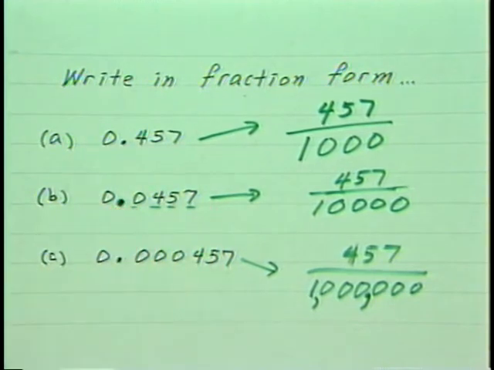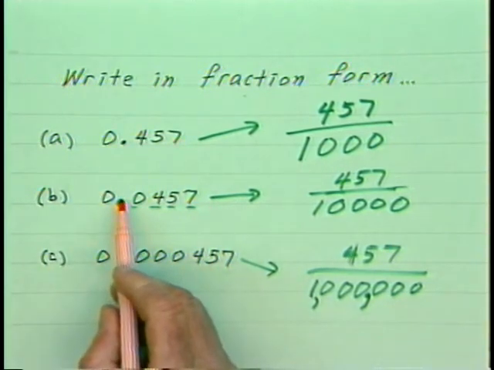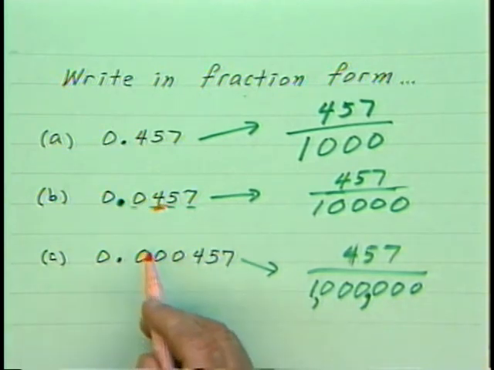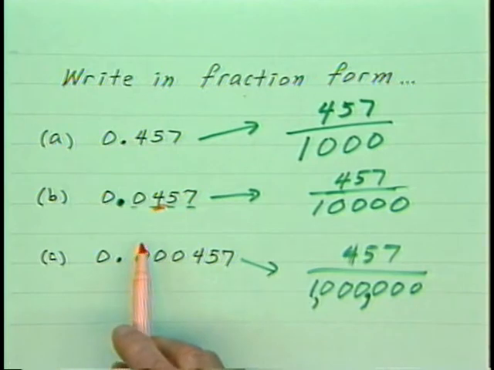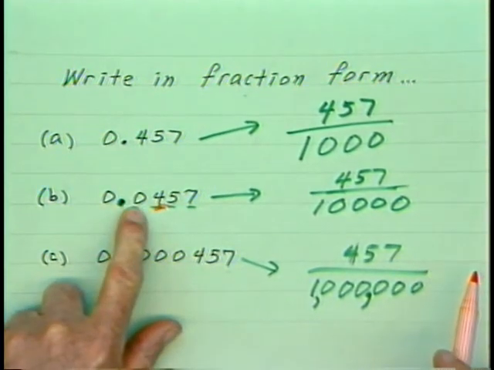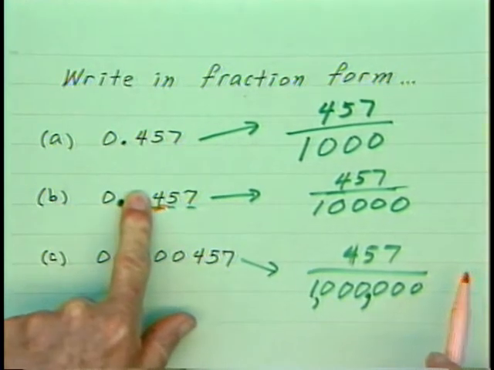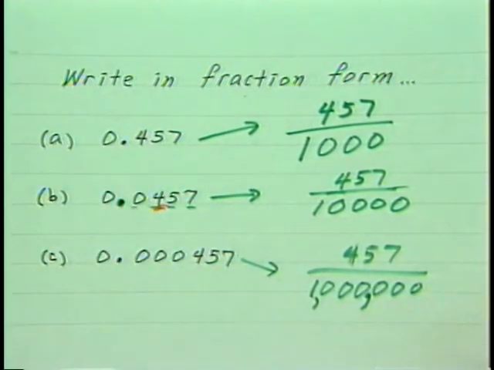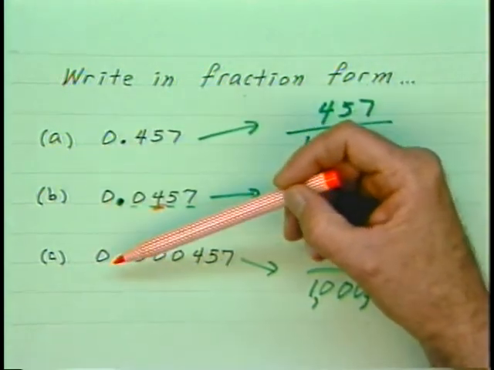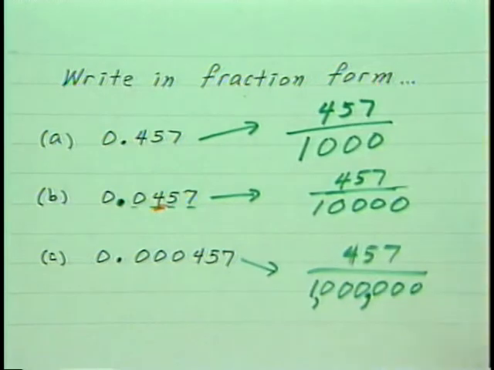Then the zeros between the decimal point and that first non-zero digit we call placeholders. It makes sure that we're seeing this as a 10,000th place rather than a thousandth place, which we would see if we didn't have that zero. So these we call placeholders, as well as a zero in front, which is simply there for emphasis.